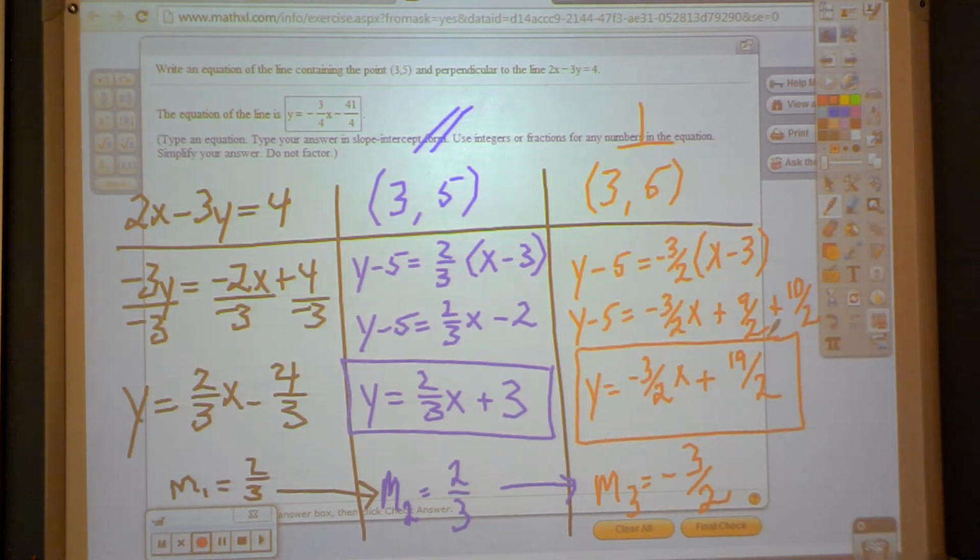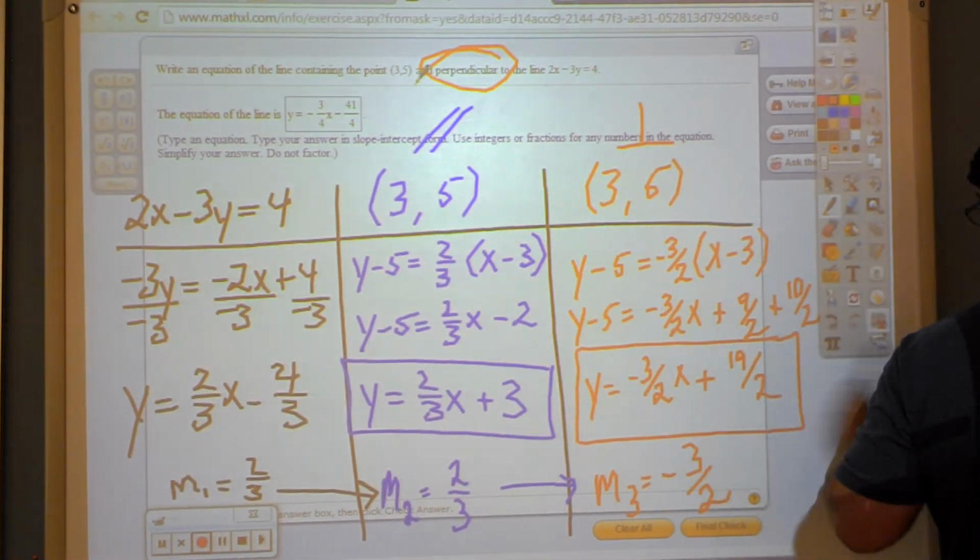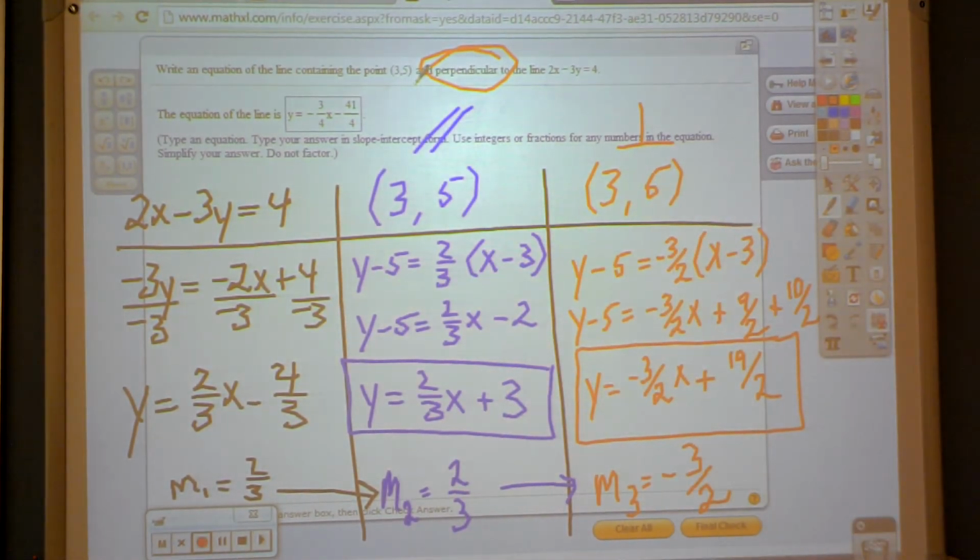And that's your perpendicular equation. Now they ask him, write one that is what? Perpendicular, so that's your answer. The answer that y'all typed in, I don't think is correct. So we'll type it in and see what the answer is.